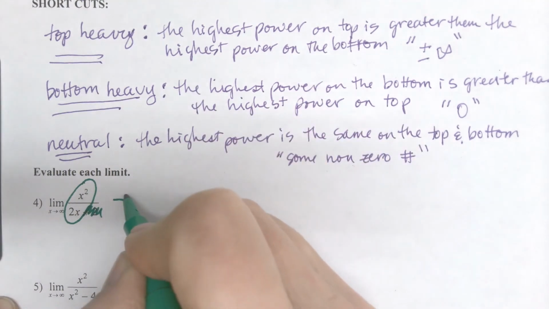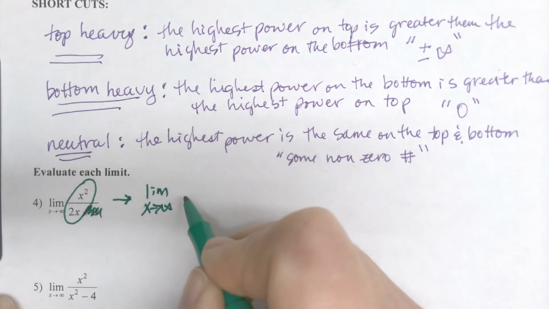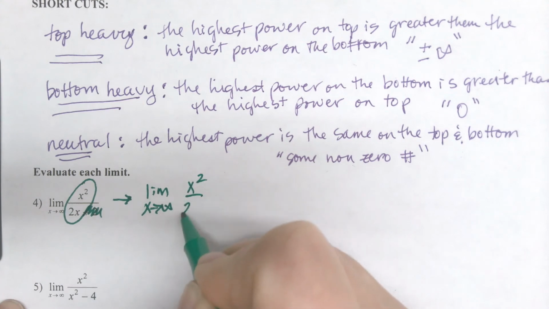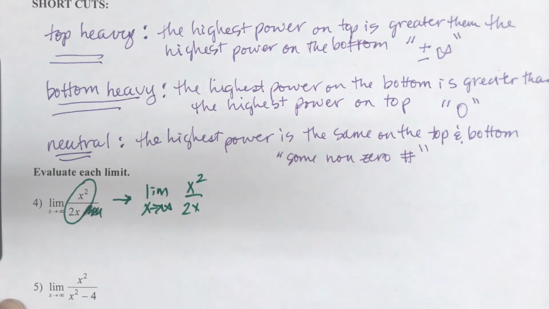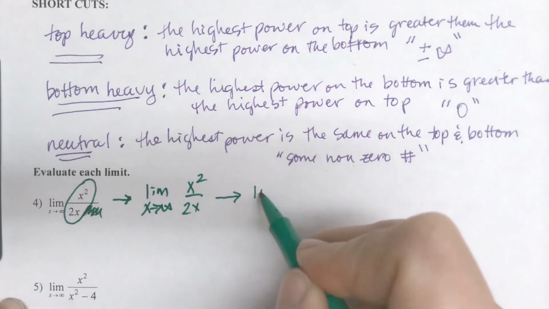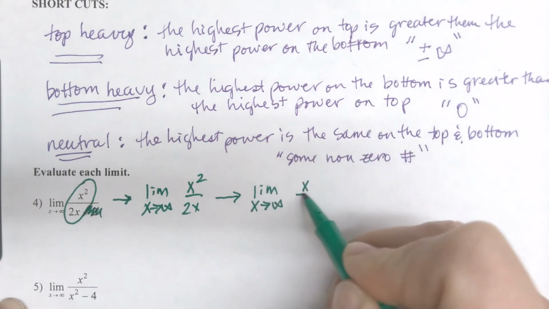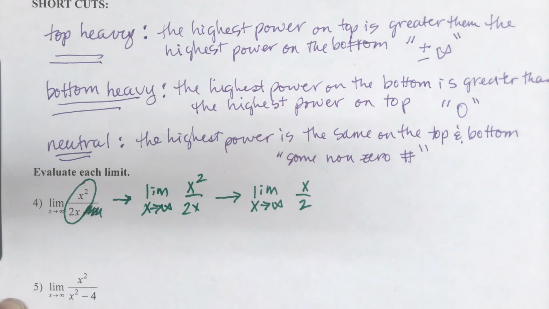So really what I'm doing is I'm looking at the limit as x approaches infinity of x squared over 2x. The plus 2 doesn't matter, so I can ignore it. I only want to look at the highest powers. Well, really, this is the same as looking at the limit as x approaches infinity of x over 2, because I can reduce what I'm looking at here.